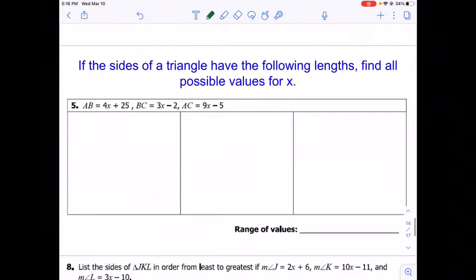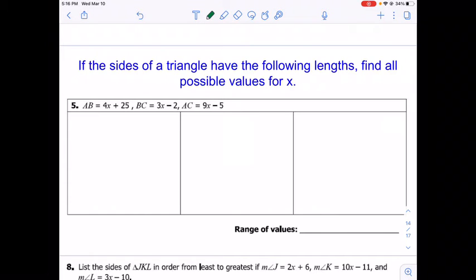So let's look at number 5 here. We're going to skip around. We're not doing all of them here. If the sides of a triangle have the following lengths, find all the possible values for x. So now we don't know which ones are our smaller sides. One thing we know is the two smaller sides have to be larger than the third side. So we're going to try a couple things here.